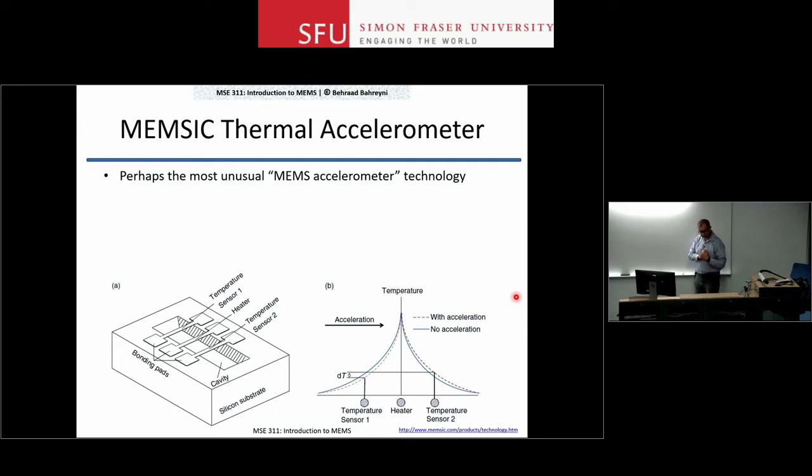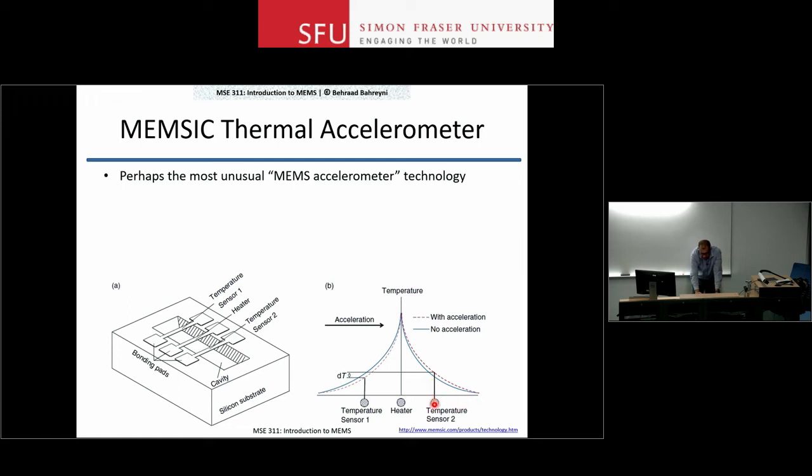Now, here is a vastly different idea for measuring acceleration. The idea is that, instead of measuring the displacements of a solid proof mass, let's do it in gas phase. How? Let's put a heater somewhere inside a gaseous environment and turn it on. Once you turn it on, you will have a temperature distribution.